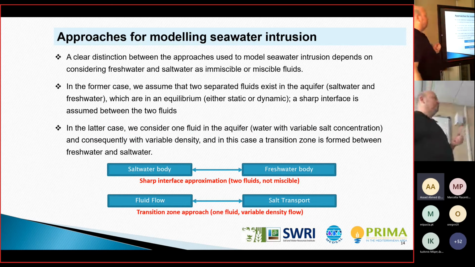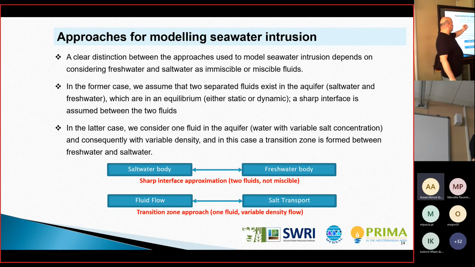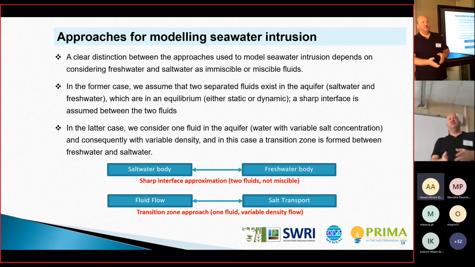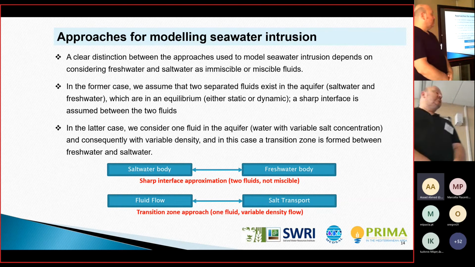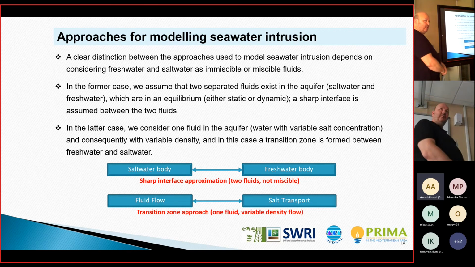So these two approaches for modeling seawater intrusion are actually distinguished between them by considering freshwater and saltwater as immiscible or as miscible fluids. So in the former case, that they are immiscible, we assume that there are two separated fluids in the aquifer, the saltwater and freshwater, which are in equilibrium, maybe in a static equilibrium or a dynamic equilibrium.